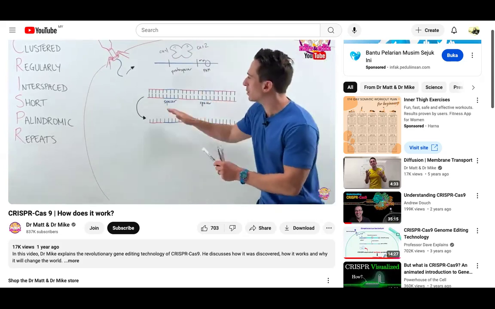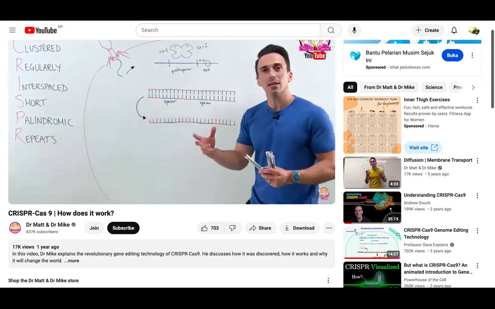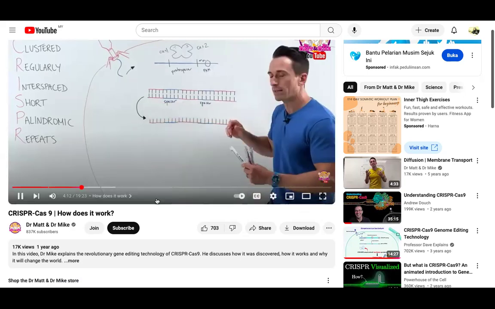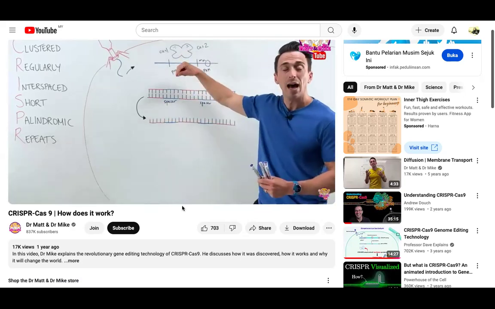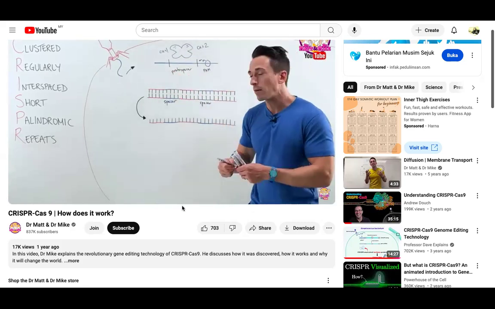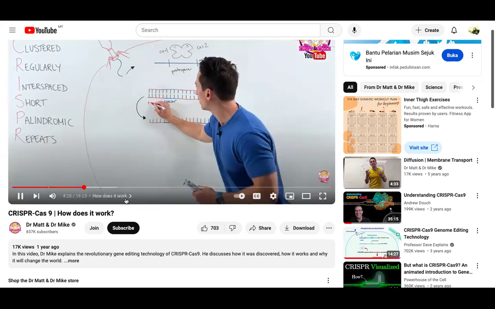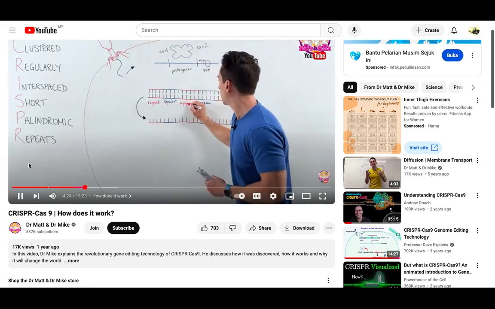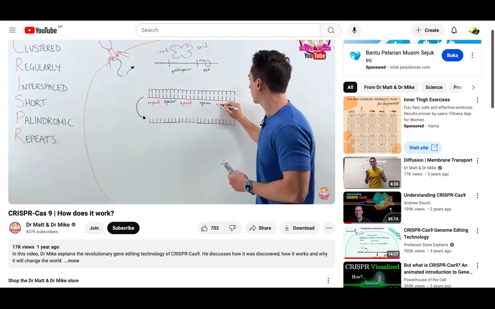Now, the areas in between the spacers are going to be the clustered palindromic repeats. When a spacer is placed in, a clustered palindromic repeat is placed afterwards. So I'm going to call these repeats. Remember, repeats are from the original bacteria genome. Repeat and repeat.